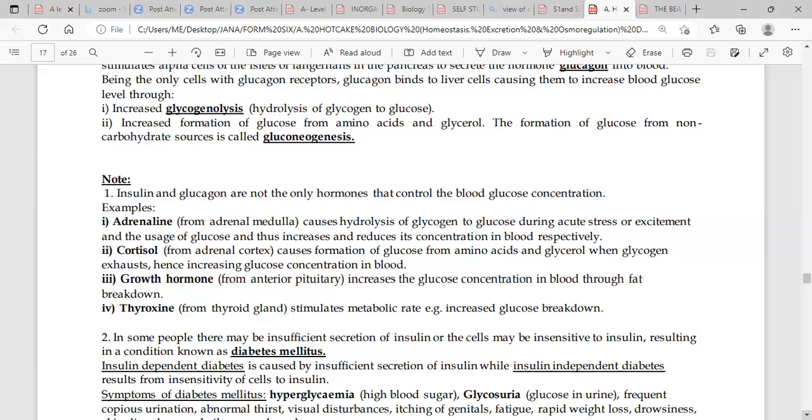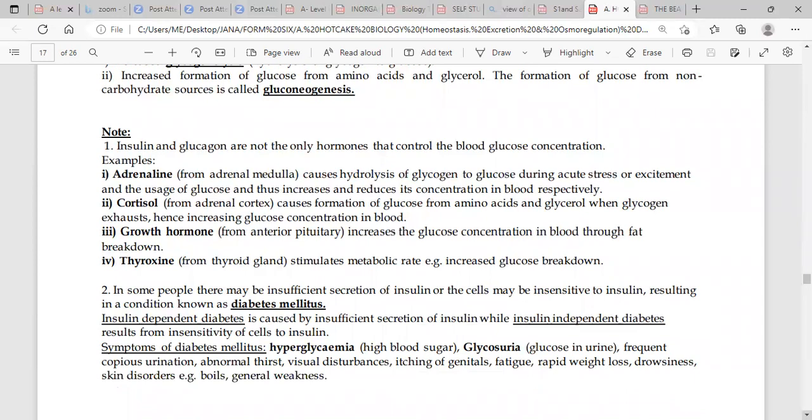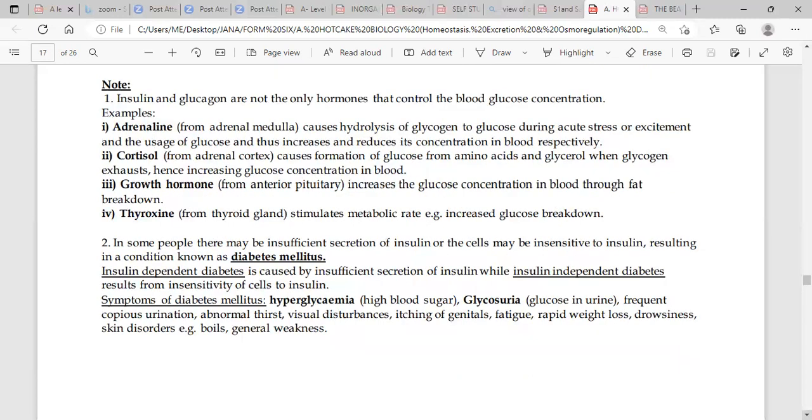We have glycosuria, that is presence of glucose in urine. You have frequent, copious urination. Every time you have to go and urinate. You have abnormal thirst, visual disturbances, itching of the genitals, fatigue, rapid weight loss, drowsiness, skin disorders, itchy boils, and general weakness. All these are the symptoms of diabetes mellitus.